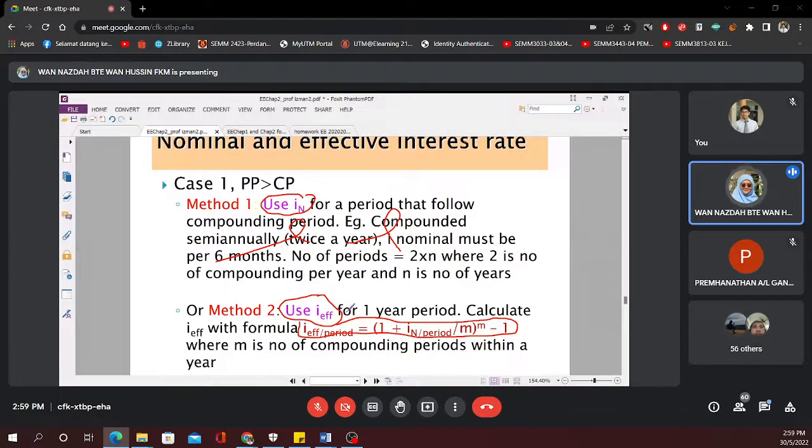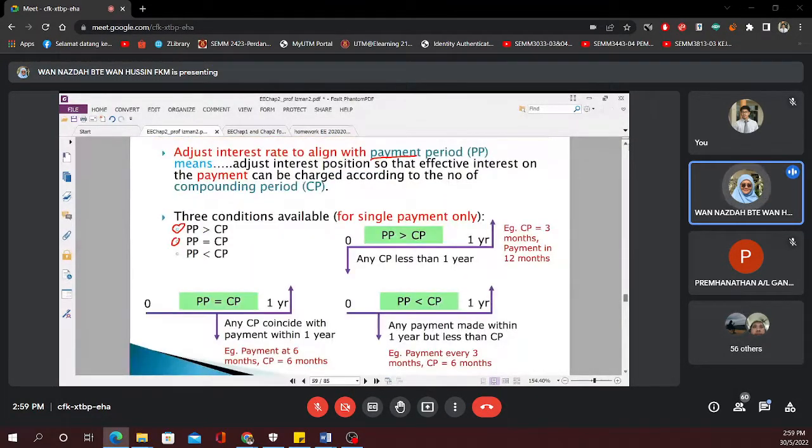I would recommend, or you are strongly encouraged to use I effective instead of I nominal, because for other situation, okay, remember, you have 3 different situations, all right? Situation where payment period greater than compounding period. Okay, so this is the one that we are discussing now. You also have a situation where payment period is equal to compounding period, and you also have a situation where payment period less than compounding period.